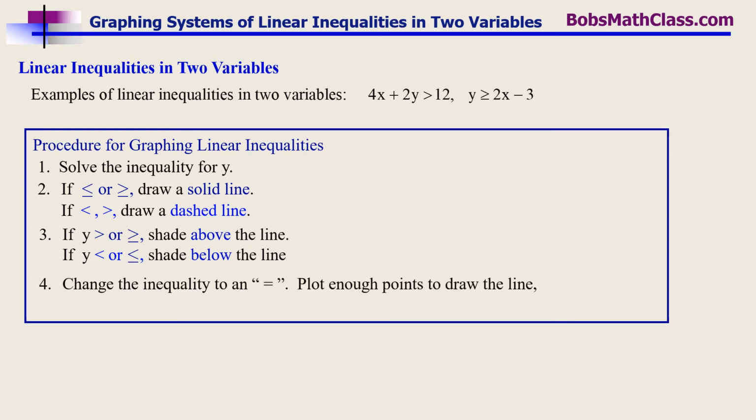Remember, it's going to be solid or dashed depending on the equals or no equals. But we need some points on the line, and you can use any method. You can make a table and pick points. You can use the slope and the y-intercept. It's totally up to you. So we need to get points to draw the line. Any method you want to use is fine.